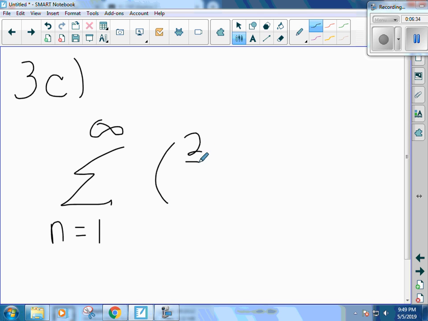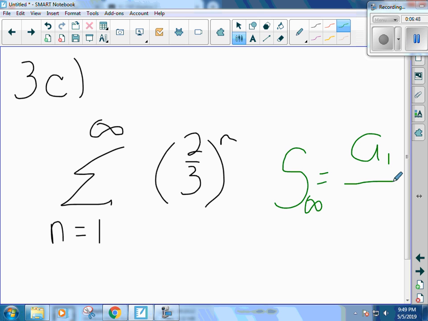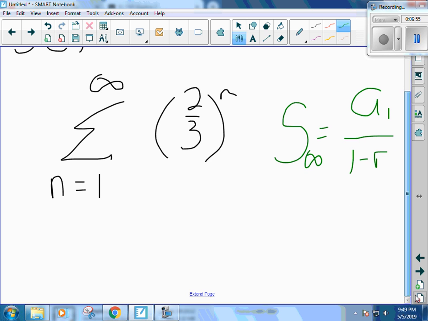Okay, 2/3 to the n power. My formula for sum of an infinite series, first term divided by 1 minus the ratio. To get my first term, and we've done this a couple times now, this number tells you what n is going to be on your first term.